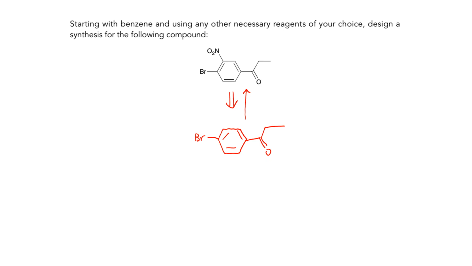Now, the question is, which one of these groups are we going to take away next? Well, at this point, it's pretty easy, right? Because these groups are para to each other. And what does that mean? That means the first group we should install should be an ortho-para director. And we know that the Br is an ortho-para director. And the acyl group is a meta director.